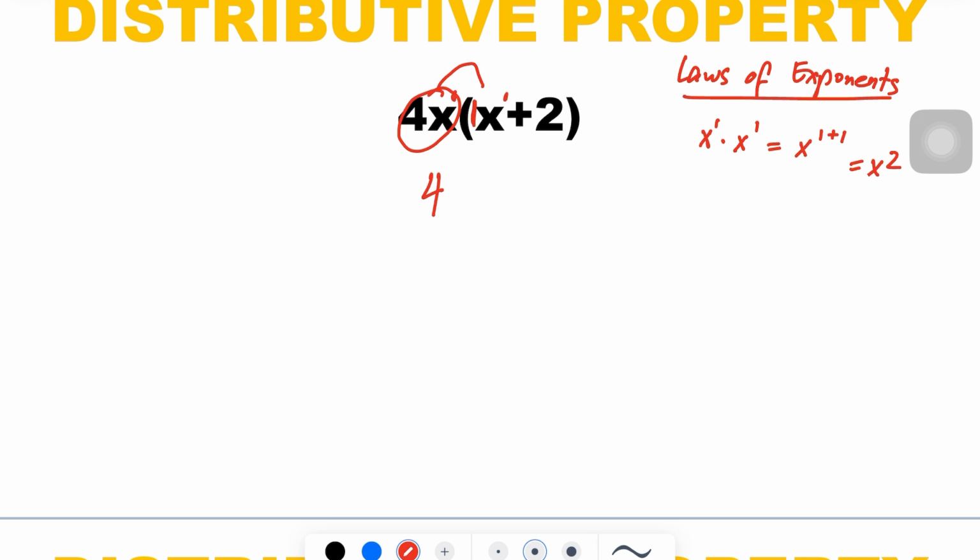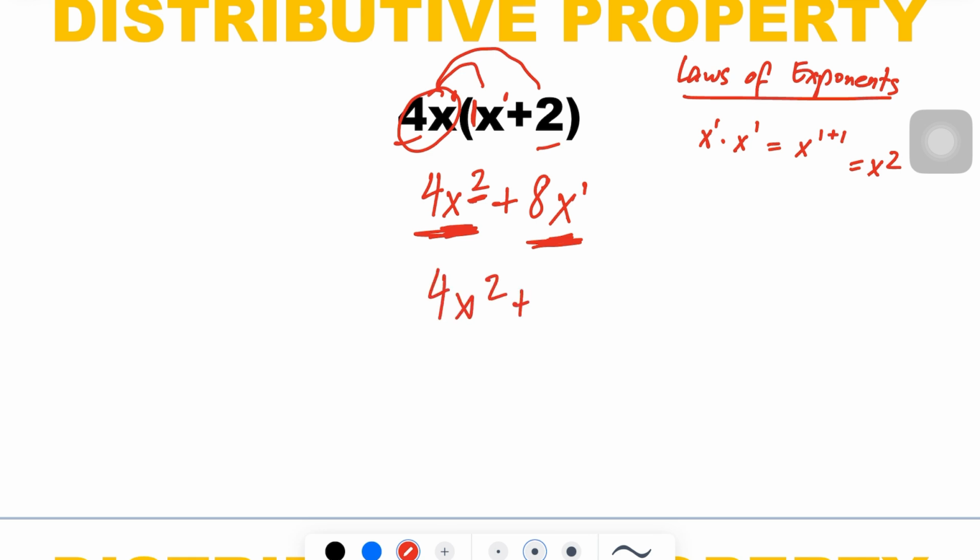So 4x squared plus 4x times 2. 4 times 2 is 8, and then copy x. Can we combine them? No, we cannot, because your variable is raised to 2 here and raised to 1 here. So the final answer is 4x squared plus 8x.